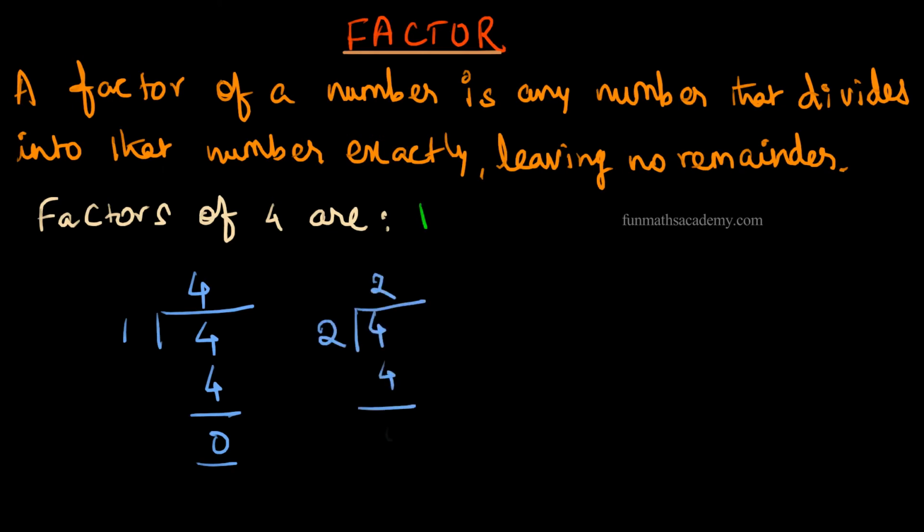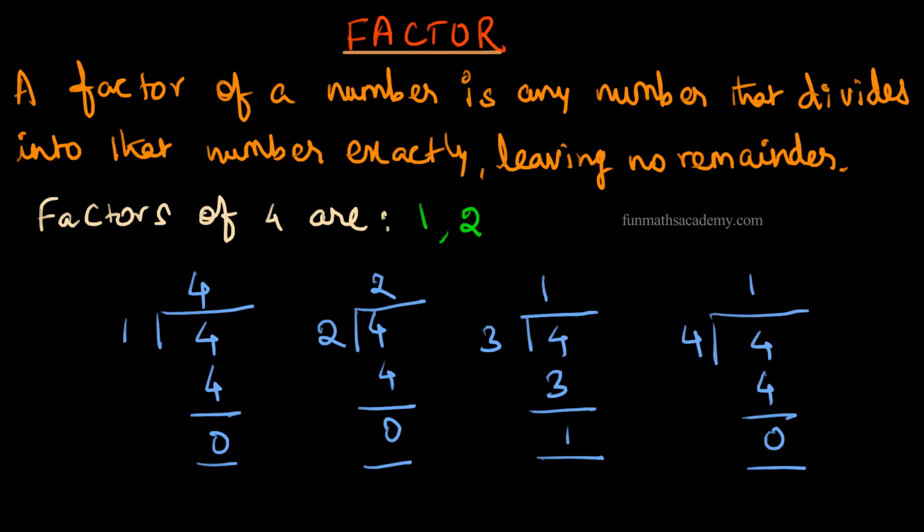Likewise, when 4 is divided by 2, the remainder is 0. So, 2 is also a factor. But when 4 is divided by 3, the remainder is not 0. Instead, the remainder is 1. So, 3 is not a factor of 4. When 4 is divided by 4, the remainder is 0. So, from this we see that 1, 2 and 4 are factors of 4.